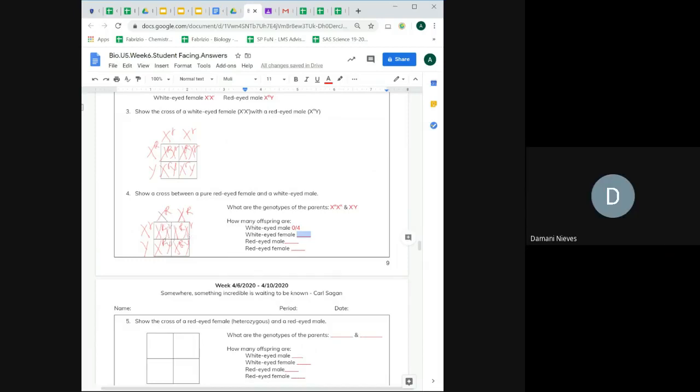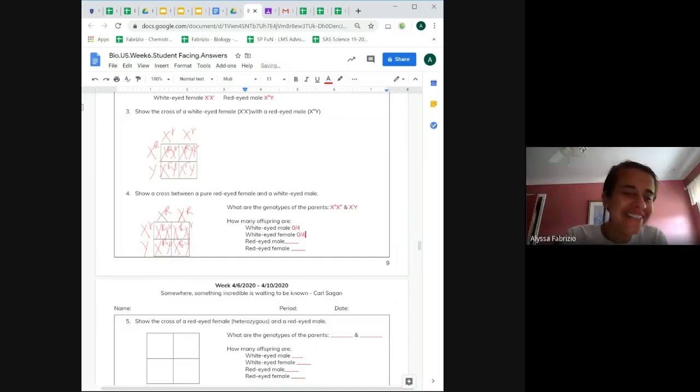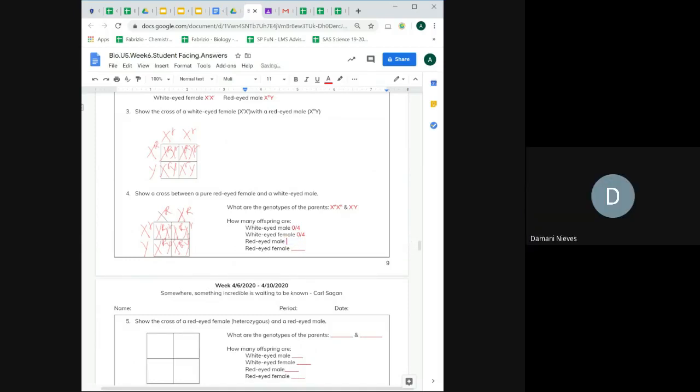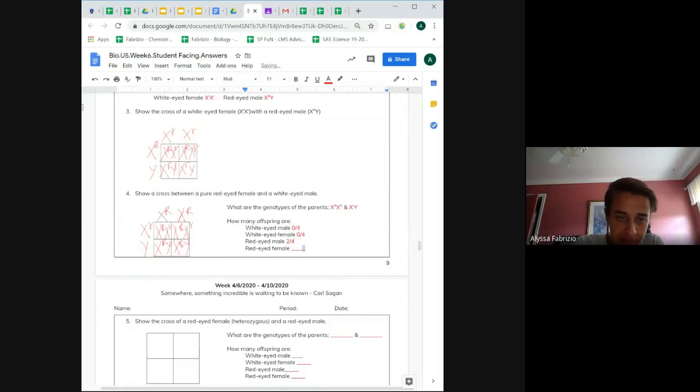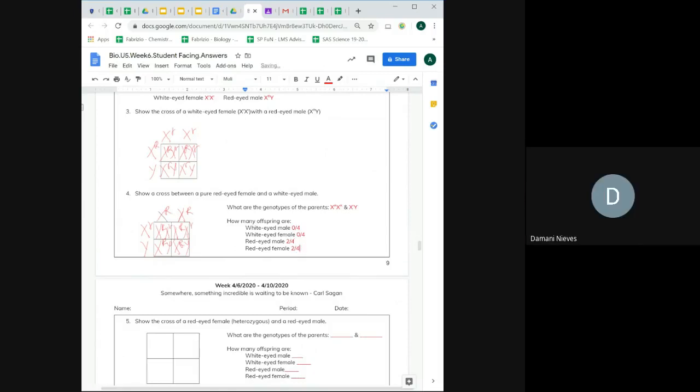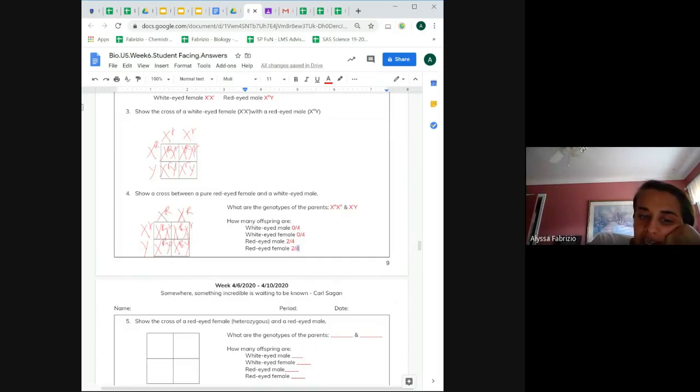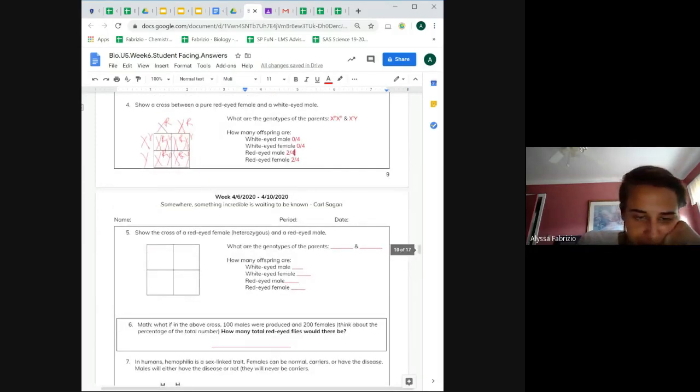Oh, red-eyed. 0. My fault. That's probably really crappy handwriting and also small. Okay, what about red-eyed males? How many do we have? 2 out of 4. Very good. And then red-eyed females? 2. Very good. And these should always add up to whatever number. So if it's a 4 box cross, the amount of offspring should add up to 4. So here we have 0 plus 0 plus 2 plus 2 equals 4. So that's another way to check yourself.